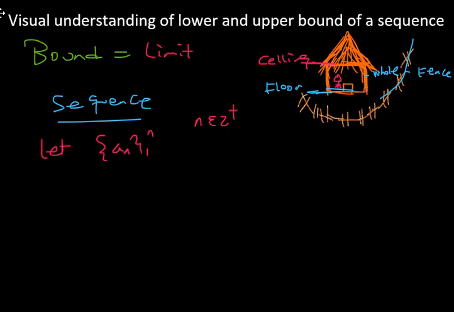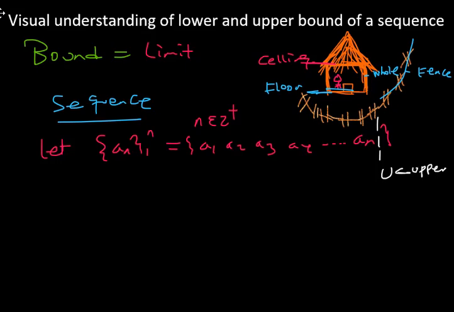This is a sequence where let it be a1, a2, a3, a4, and so on, going up to an. Now let's bring the boundaries here. This sequence has a boundary. It is bounded by u. I use u to mean upper.